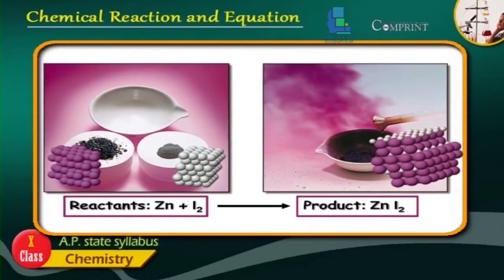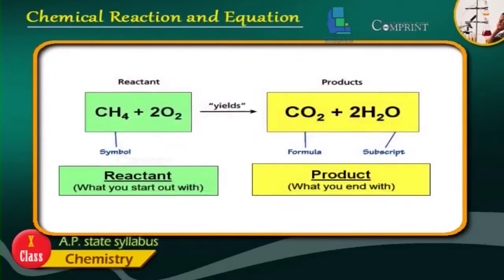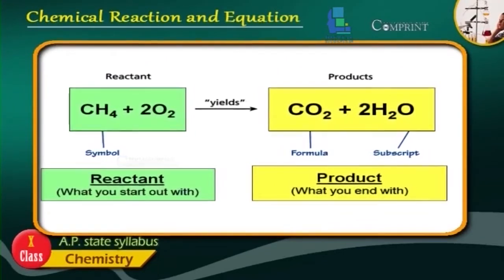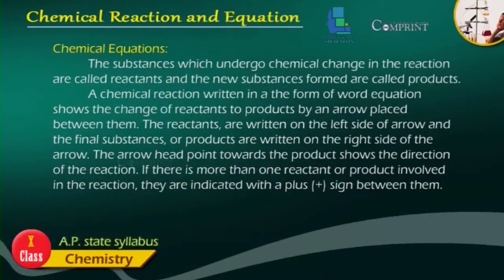The reactants are written on the left side of the arrow and the final substances or products are written on the right side of the arrow. The arrow head pointing towards the product shows the direction of the reaction. If there is more than one reactant or product involved in the reaction, they are indicated with a plus sign between them.